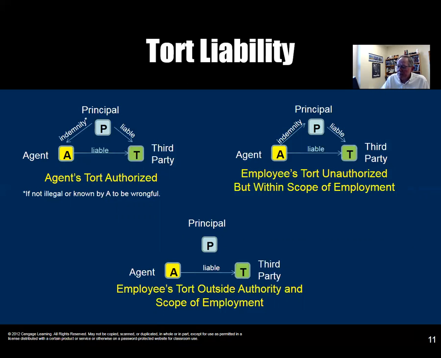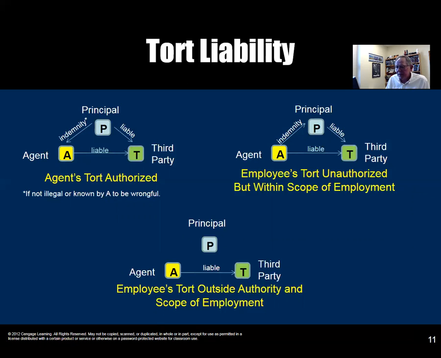And sometimes the agent may have to indemnify the principal for that tort, in other words, pay for the damages associated with that tort. You might have an arrangement and policy with the organization that if it's simple negligence that the agent commits, the principal would actually indemnify the agent for claims associated with that.